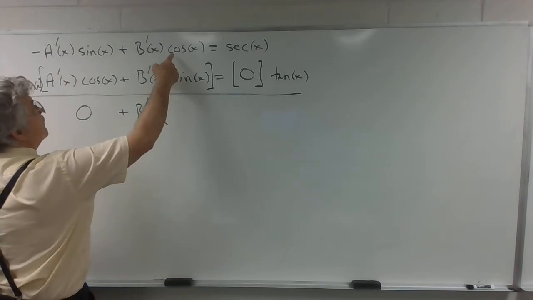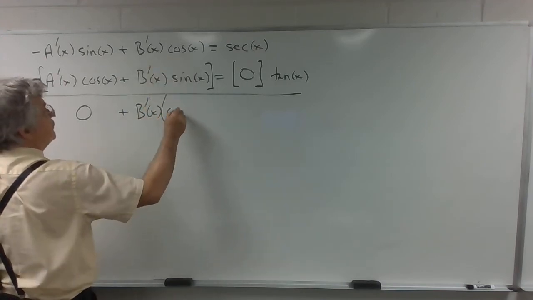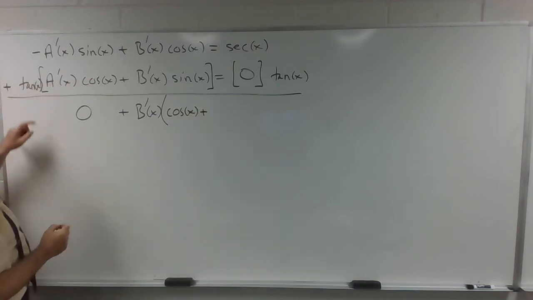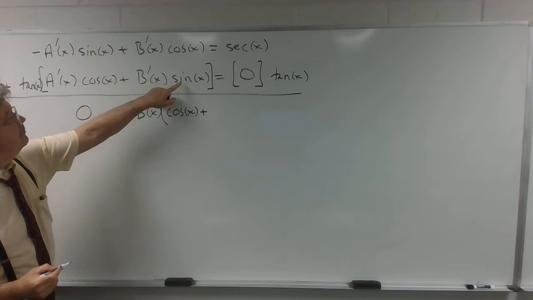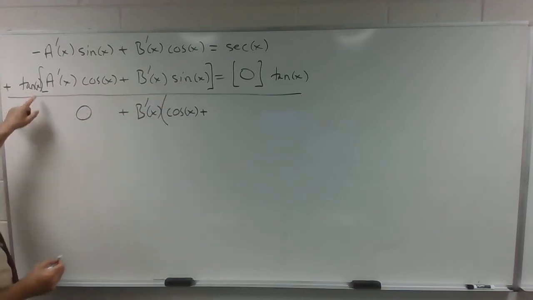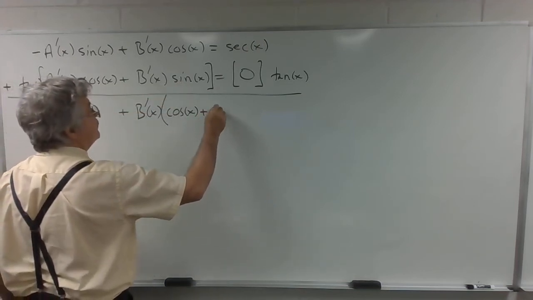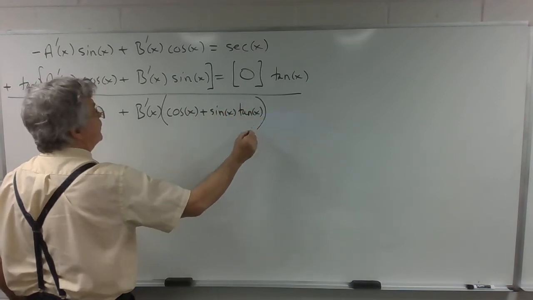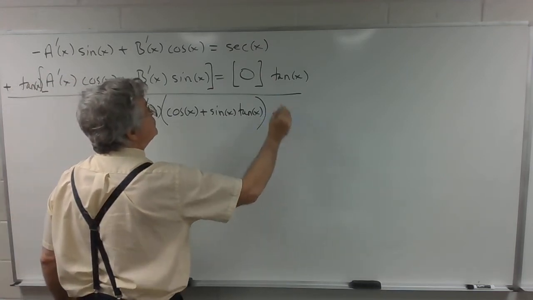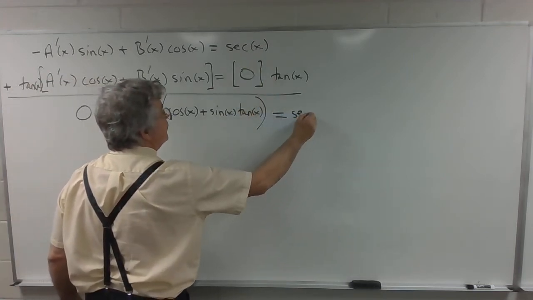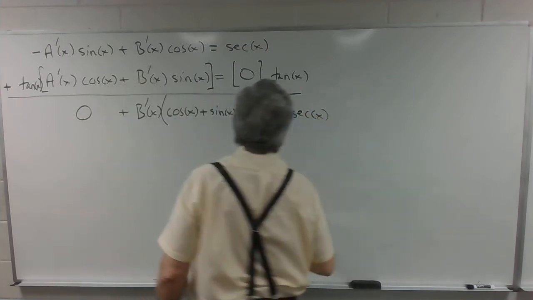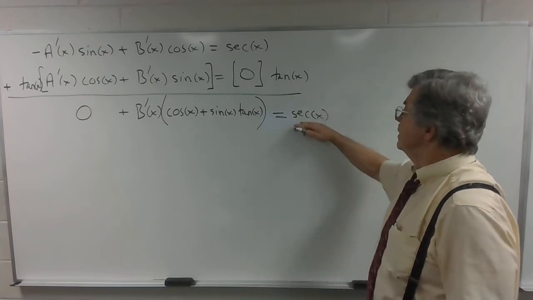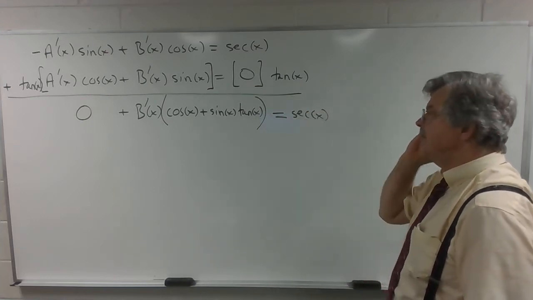And I'm going to have b prime cosine of x plus b prime times sine of x times tangent of x, equals secant of x plus tangent times 0. Just secant of x. Okay.